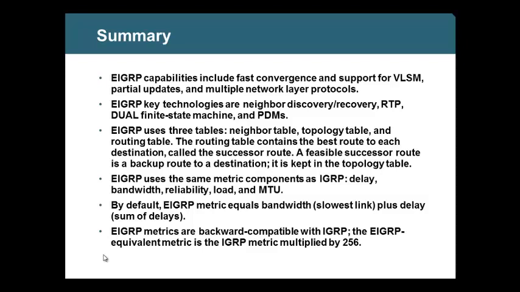EIGRP uses 5 K values as a metric: bandwidth, load, delay, reliability and MTU. But it considers only bandwidth and delay. The slowest link bandwidth plus sum of delay becomes the metric of EIGRP. And the two versions are backward compatible because basically they use the same metric for evaluating a path.